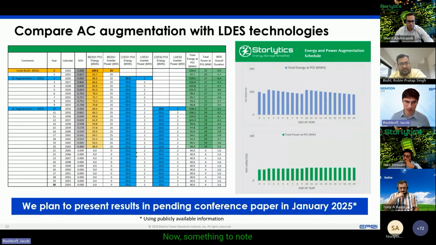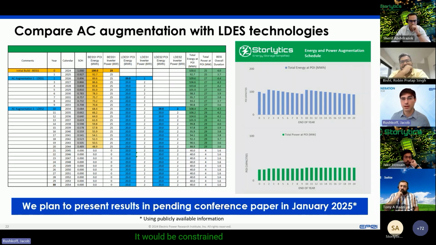Now, something to note here is that we are installing 10-hour batteries. So you can see 20 megawatt hours at 2 megawatts. And while you're maintaining energy capacity, that doesn't necessarily mean that energy capacity can be utilized by the initial power capacity.